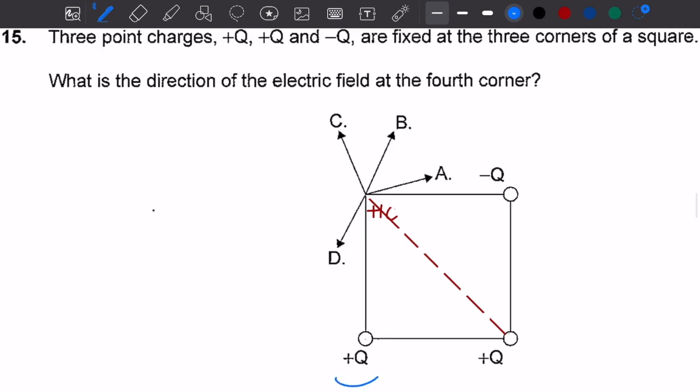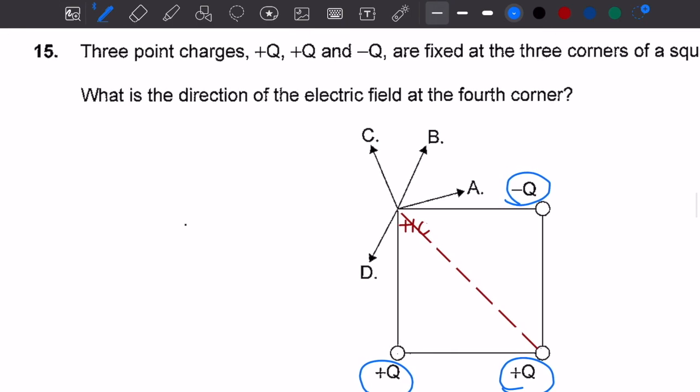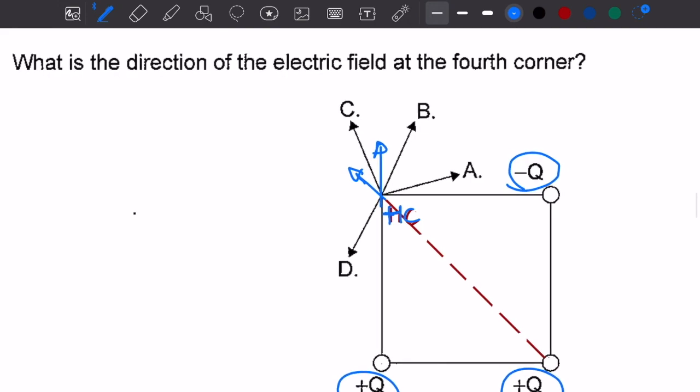There are two positive q coulomb charges and a minus q charge. So let's think a positive 1 coulomb charge is placed here. This will be pushed by the positive 1 coulomb charge, and this one also will be pushed by the other positive 1 coulomb charge, but not as strong because the distance is higher, because electric field strength is kq over r squared.